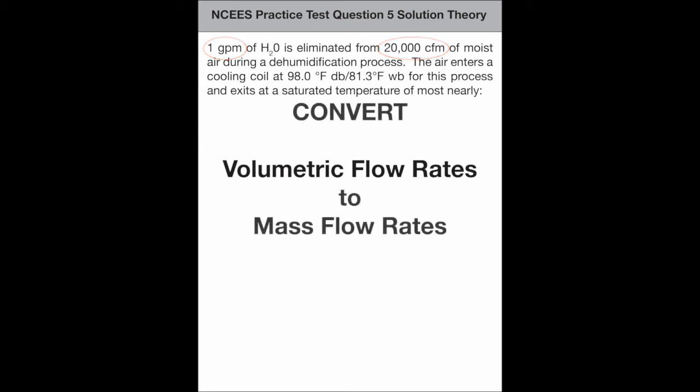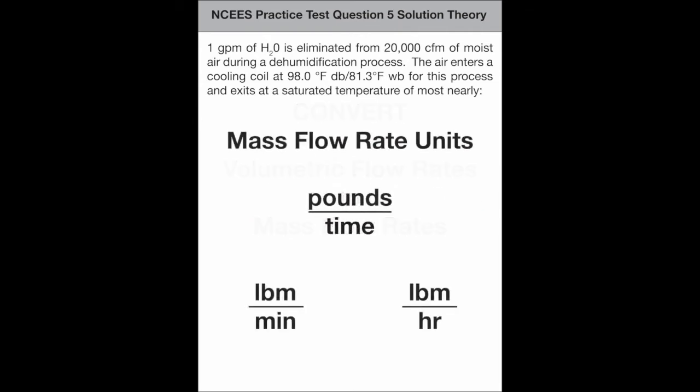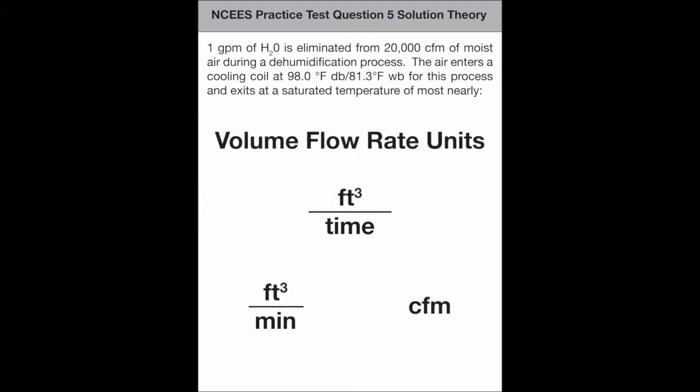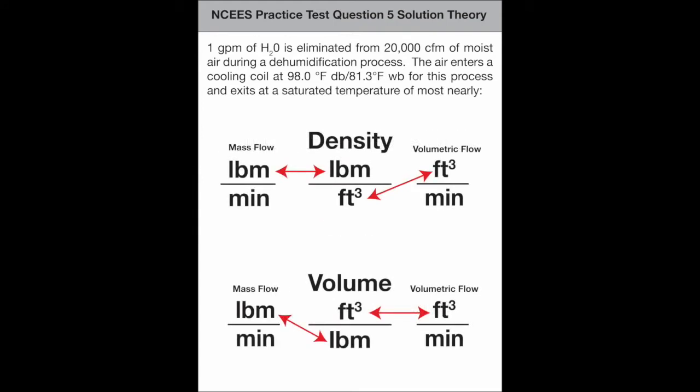An extremely common process for PE problems is converting between mass flow, which is pounds mass per time value like minutes or hours, and volumetric flow, which is cubic feet per time value like minutes or hours. This is done using density, which has the unit pounds over cubic feet, or its reciprocal, volume, with units of cubic feet over pounds.